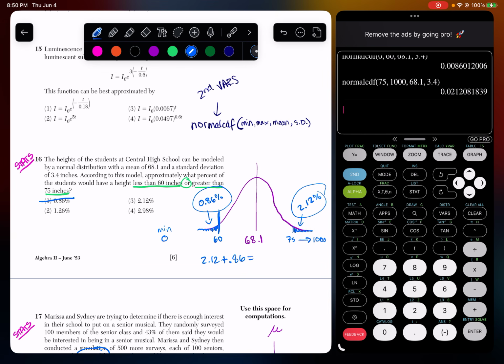Here they gave you 2, you have to add them together, kind of a pain, but it's nice for a model problem because then you can see me go through the process twice. So 2.12 plus 0.86 is 2.98. That tells us 2.98% of students fall in those 2 intervals.